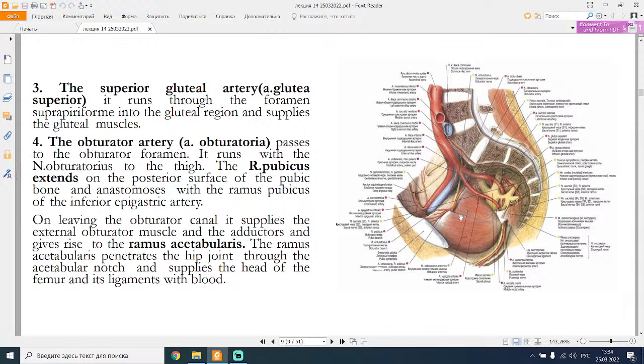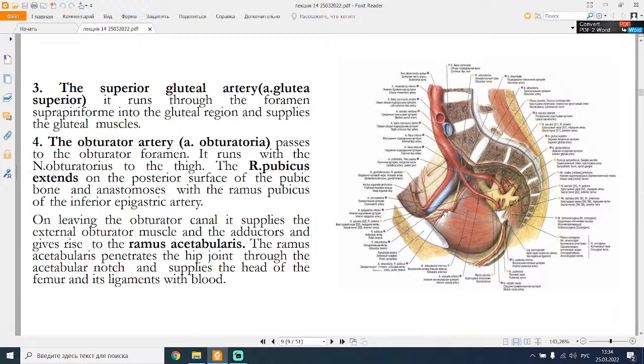Next artery, arteria obturatoria. It passes to the obturator foramen and runs with the obturator nerve to the thigh.